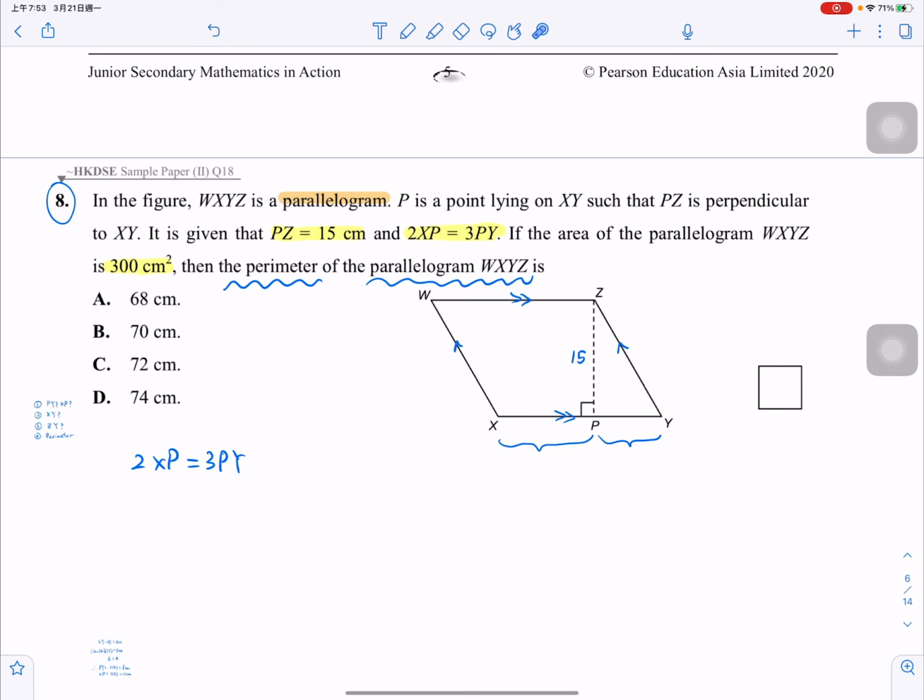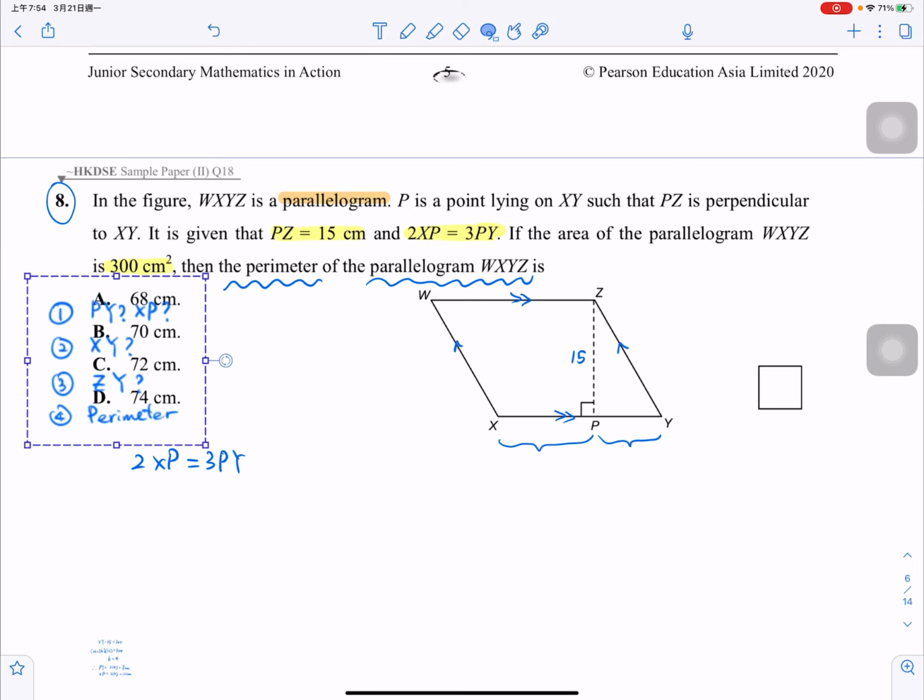Because 300 is the area of the parallelogram, once you know this, you know one of the lengths of the parallelogram. How about ZY? Here you can find it using the right-angled triangle, and you can find the length of ZY. So there are several things you need to find.